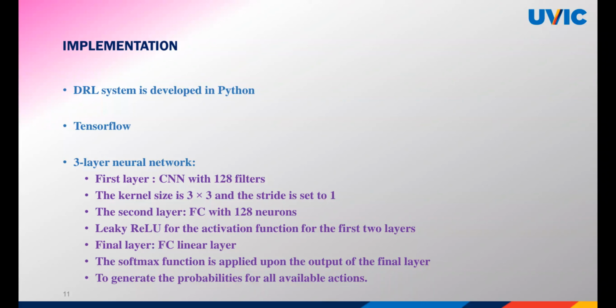For the first two layers, we use Leaky ReLU as the activation function, and we use a fully connected linear layer as our final layer. And to generate the probabilities for all available actions, the softmax function is applied upon the output of the final layer.